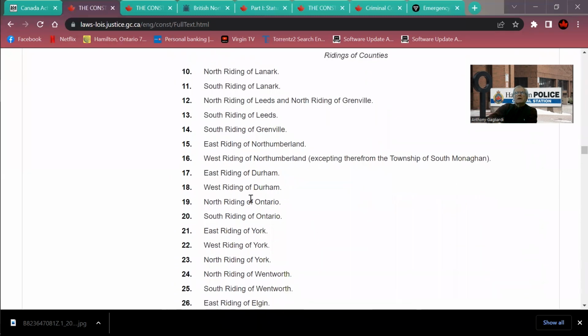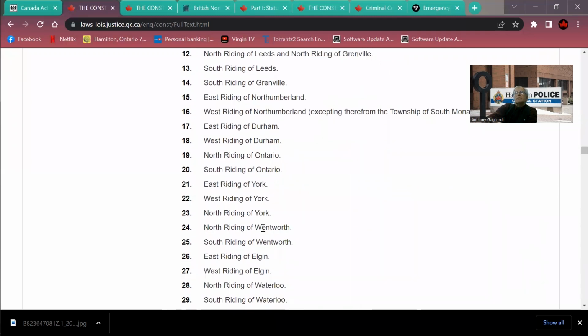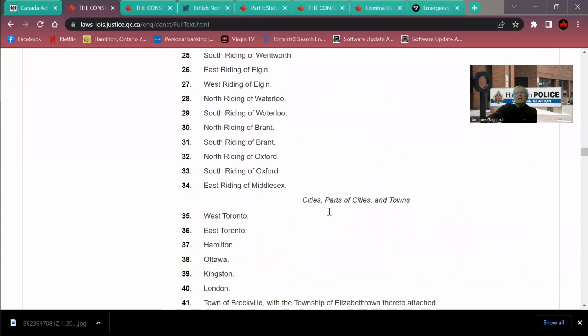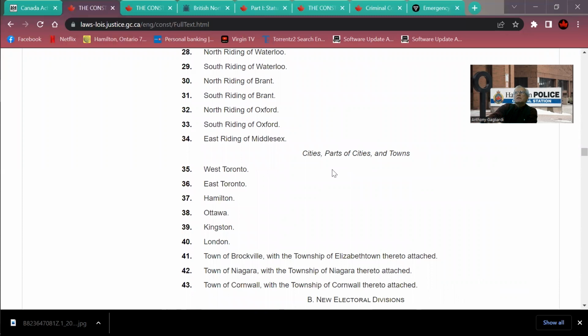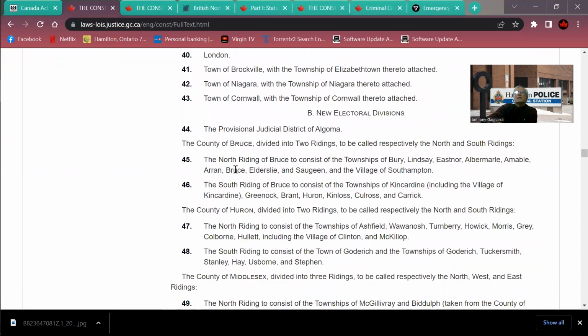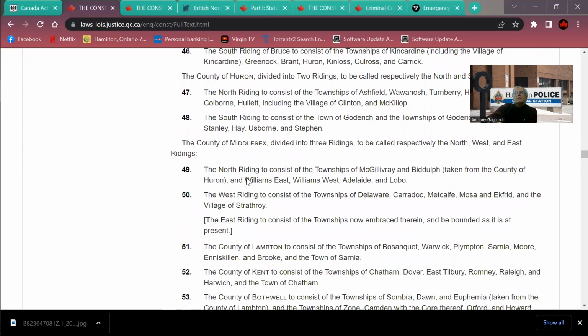So some of here, riding of Durham, East Riding of Durham, West Riding of Durham, Northumberland, Wentworth, York, Elgin, Waterloo, Brant, Oxford, Middlesex, cities, parts of cities and towns, West Toronto, East Toronto, Hamilton, Ottawa, Kingston, London, Brockville, Niagara, Cornwall, and other electoral divisions.